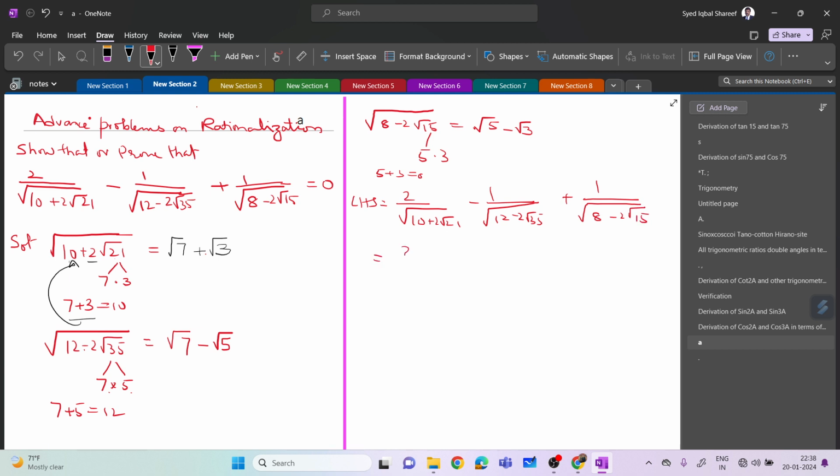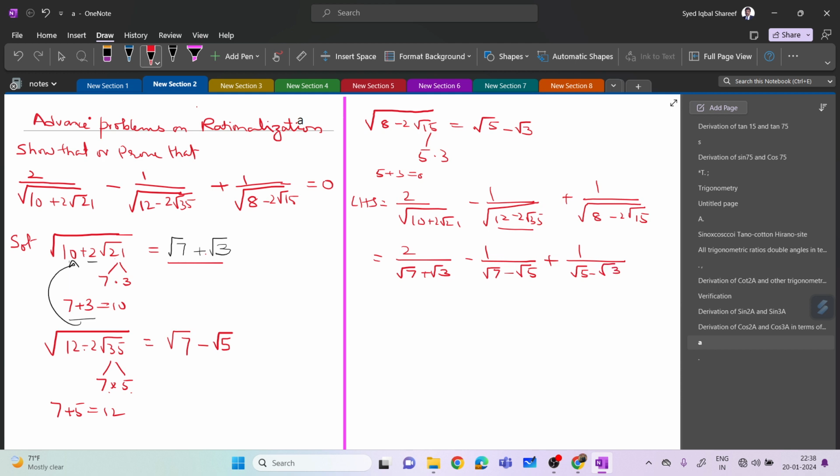The square root of 10 plus 2 root 21 is root 7 plus root 3. So we have 2 by root 7 plus root 3, minus 1 by root 7 minus root 5, plus 1 by root 5 minus root 3.